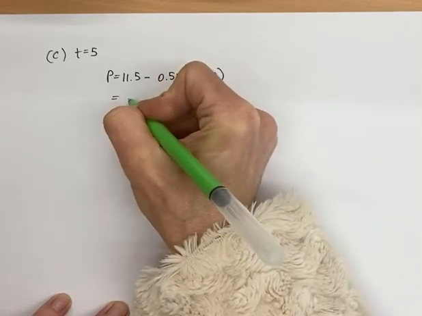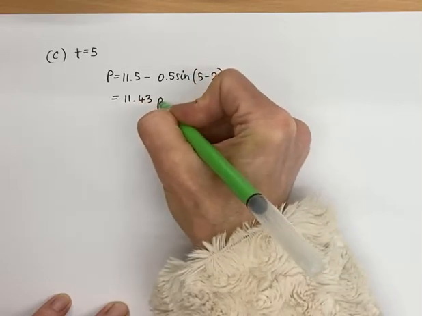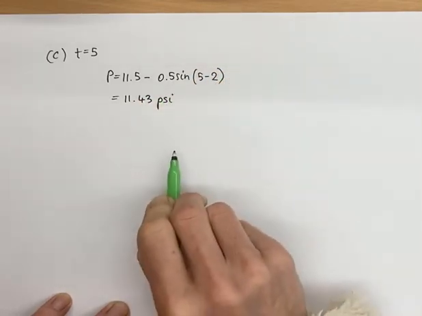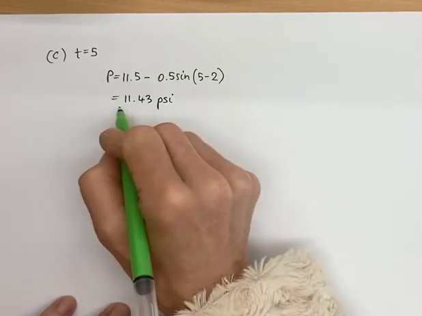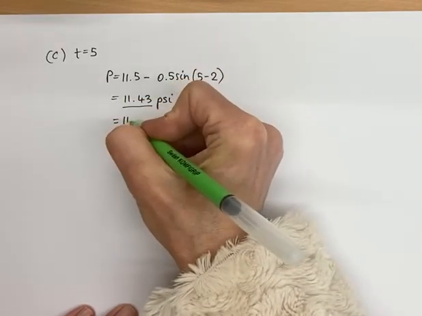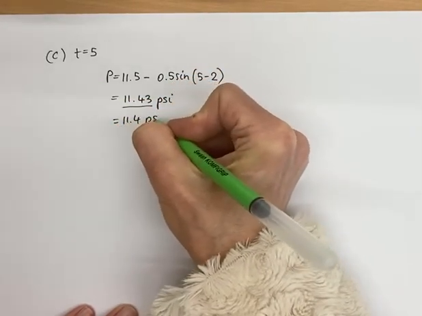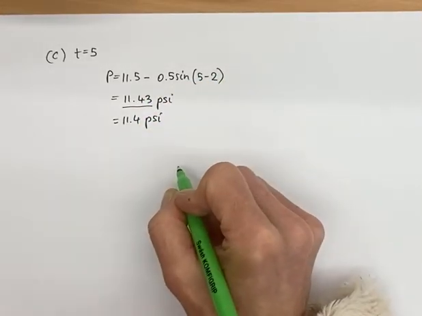So that's going to be, put it into the calculator, 11.43 psi. Not sure why they've gone for 2 decimal places. No precision is given in that. I would probably go for 3 significant figures, to be honest. But if in doubt, leave all the decimals first and then do the rounding.